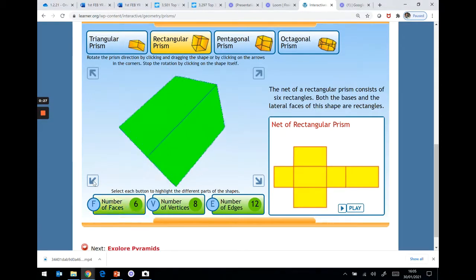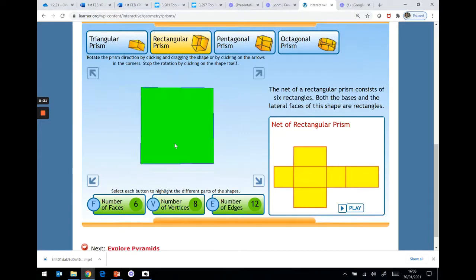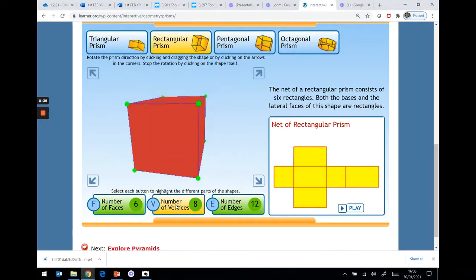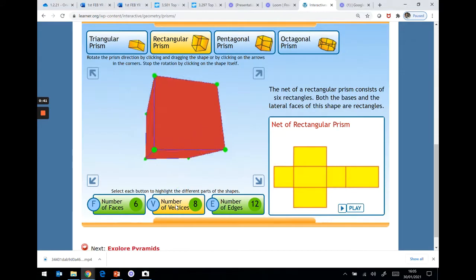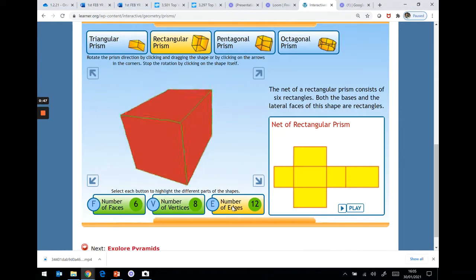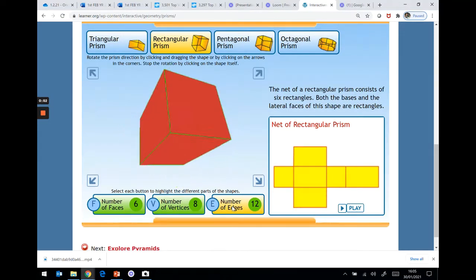However, you will notice that it has square faces and it also has rectangular faces, but it has 6 altogether. It has 8 vertices, so there in green you can see the corners, the vertices. It has 8 different vertices, and it has 12 edges, so the same number as a cube. So that's our cuboid.